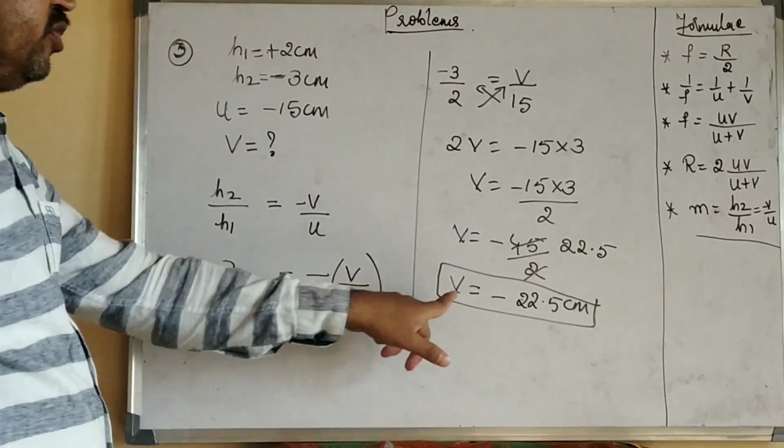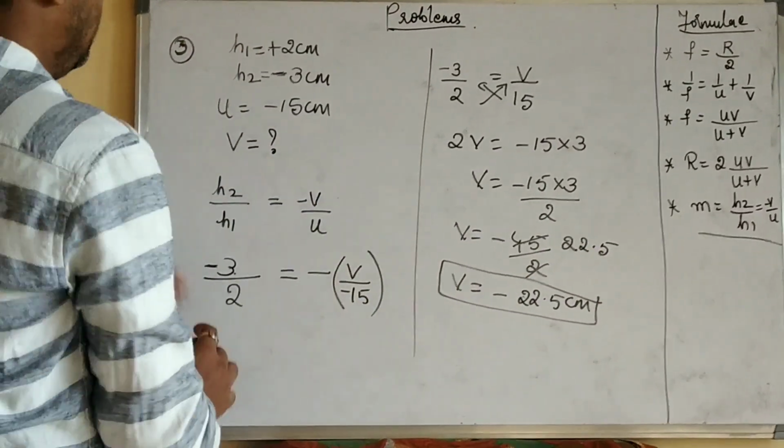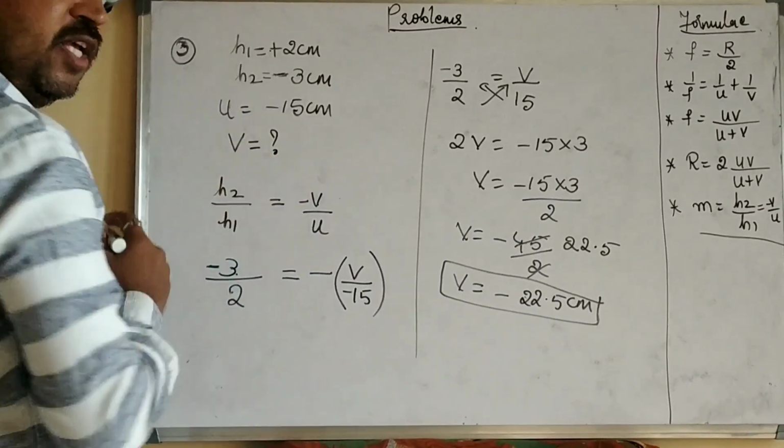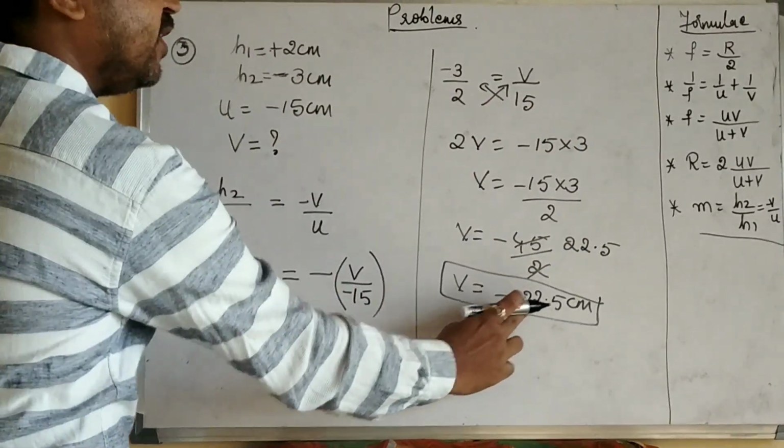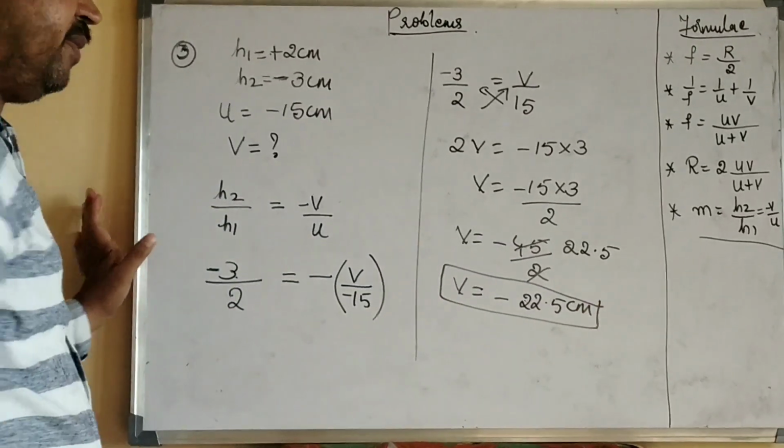Now this is the position of the image: the object is at minus 15 centimeter, and beyond that you are getting the image, that is minus 22.5 centimeter.